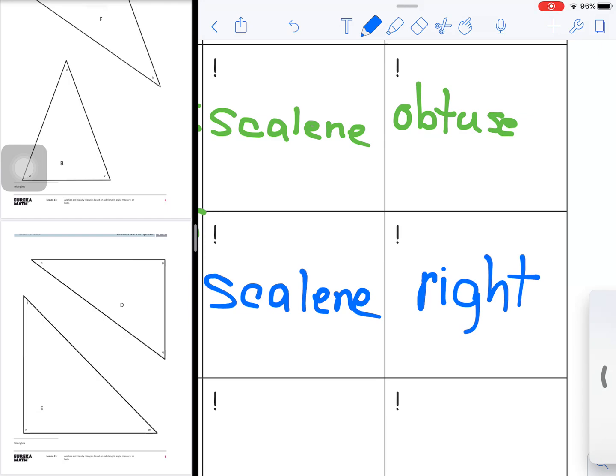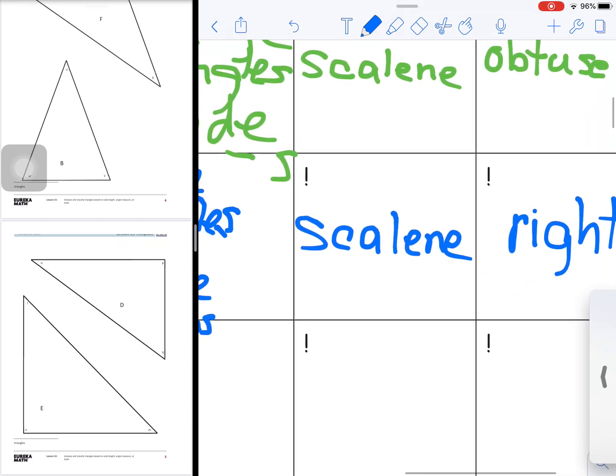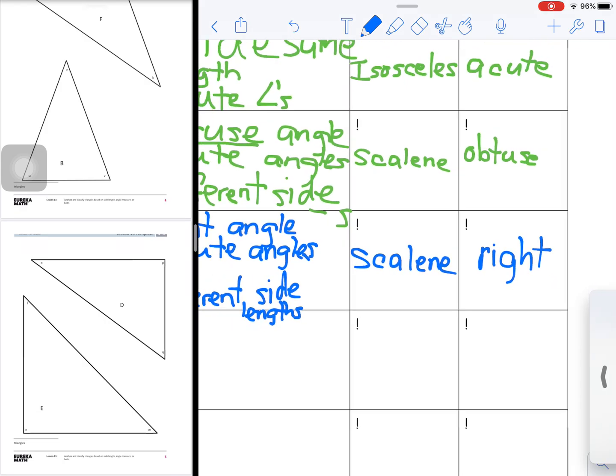So we have a right scalene triangle, or you can say it's a scalene right triangle. Scalene tells you that the lengths of the sides are all different lengths, and right triangle tells you that it has one right angle.